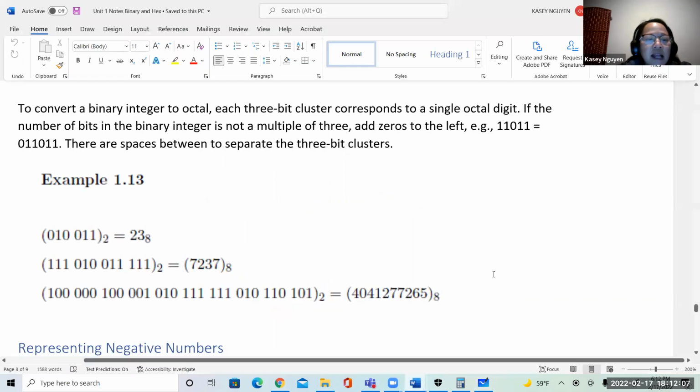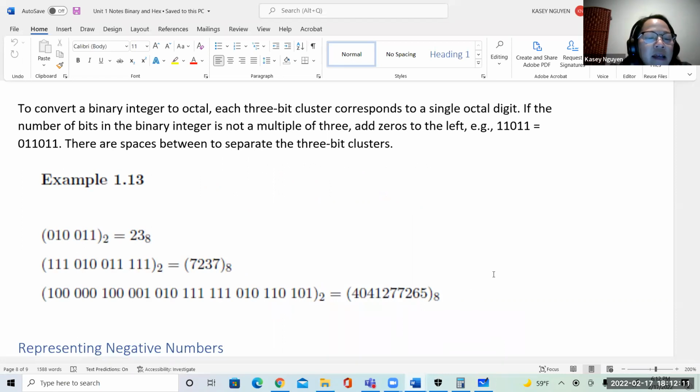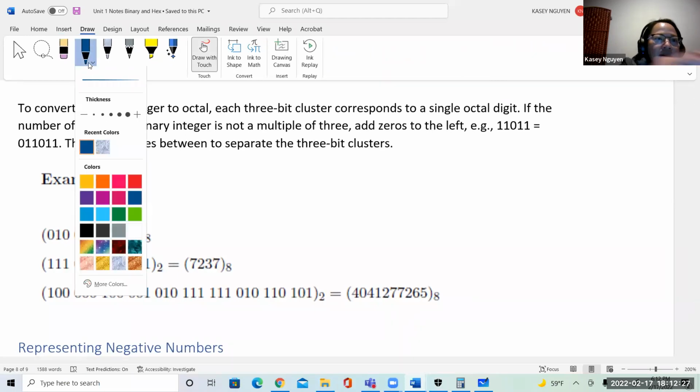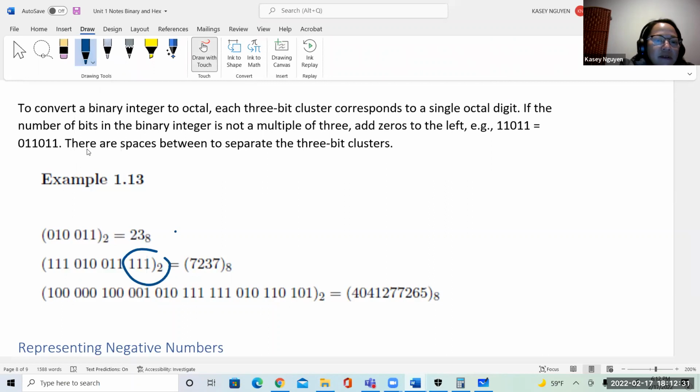So here, what they're showing is that we are chunking these up into 3 bits each, right? This one represents this. Hold on one second. Let me draw on my notes. So this one, my computer is not cooperating.